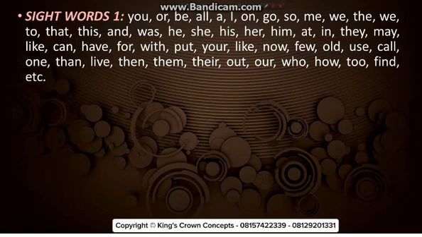Then you teach the learners in nursery 2. Now a topic can be sight words. You now list sight words. When you teach sight words, you don't say sight word 1, it is just: you, or, be, all, a, I, on.